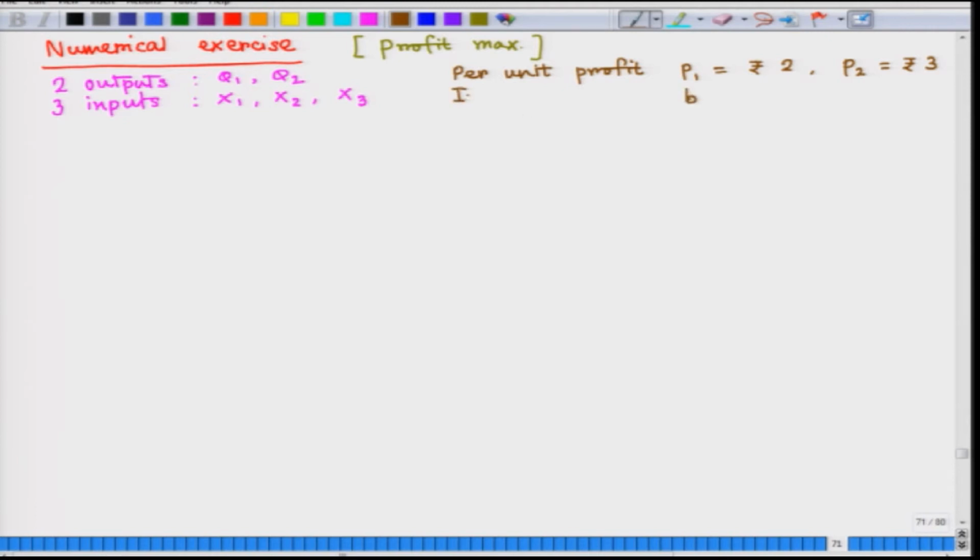so input capacity, or in other words resource constraints, so they are basically given as these terms B1 for input 1, and that is basically number 4 units of input 1 is available, and then we assume B2.